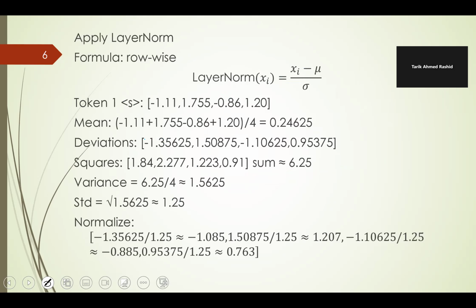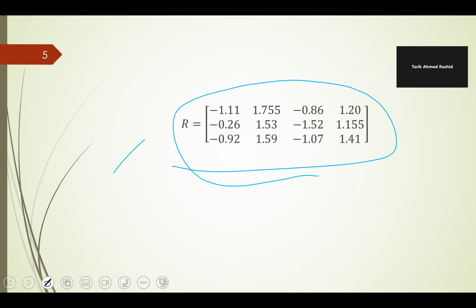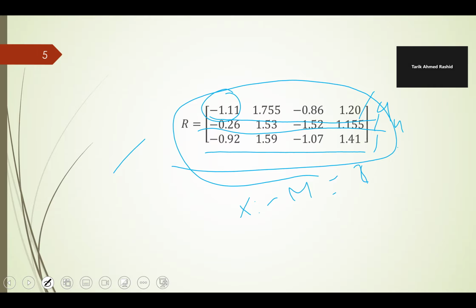To do normalization, we will take each value of this. We sum them up row-wise. So minus 1.11 plus 1.755 plus minus 0.86 plus 1.2. And then we divide it by 4 because there are 4 features. Likewise, we do the same for the second row, token 2, and token 3 as well. And then we get the mu. Once we get the mu, each value xi minus mu, and we will square it to get the deviation.